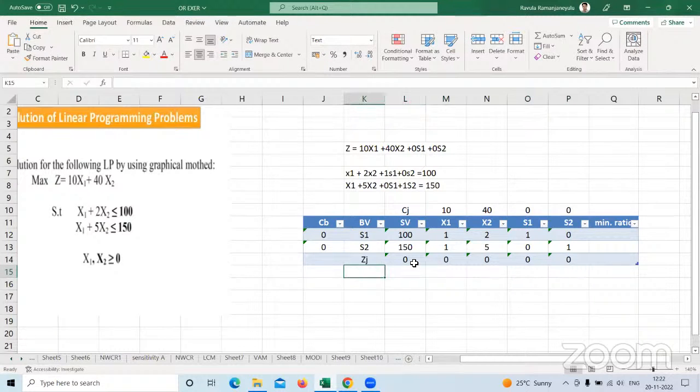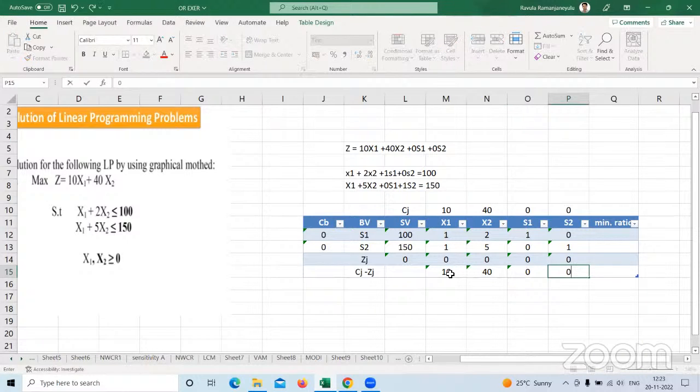After that, we need to find Cj minus Zj. So Cj coefficients are here, Zj coefficients are here. So 10 minus 0 is 10. Then 40 minus 0 is 40. Then 0 minus 0, 0 minus 0. Among all these values, the highest positive value we need to consider.